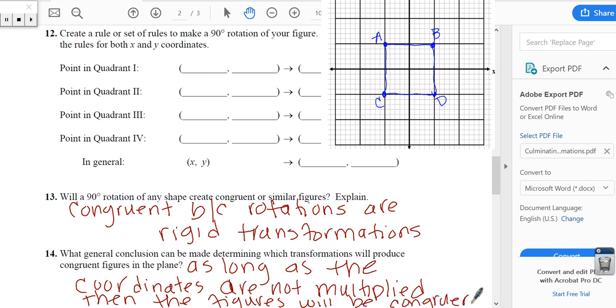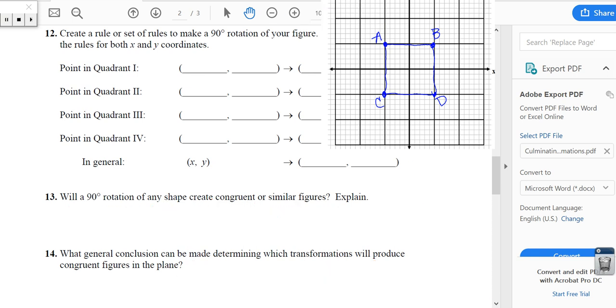It will be congruent. And you're in the game. Okay? All right, let's keep going.